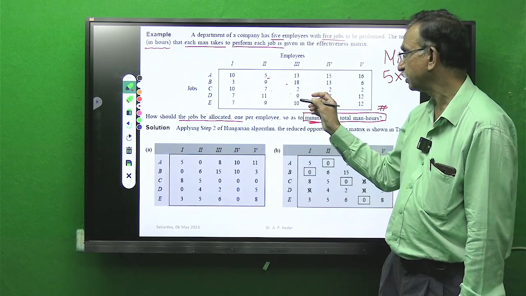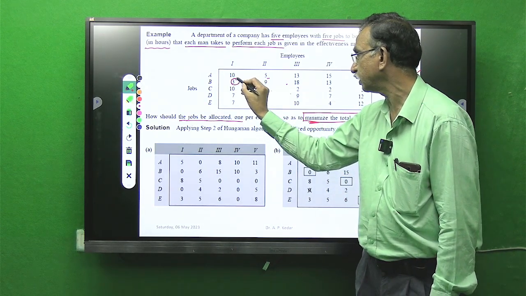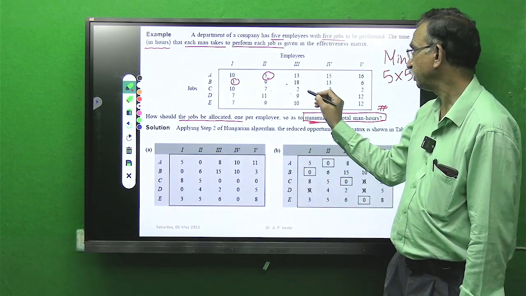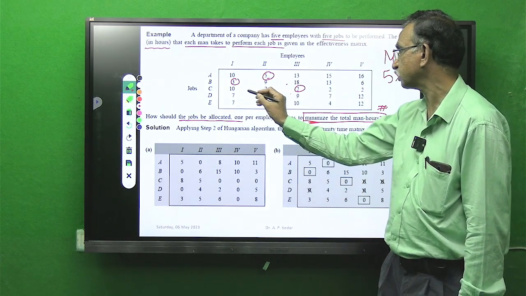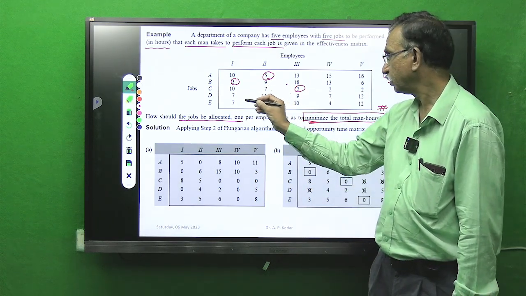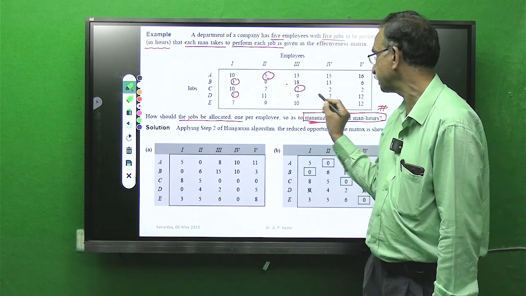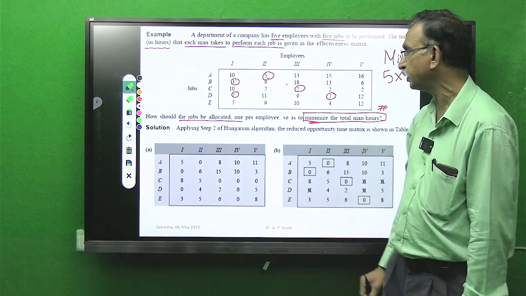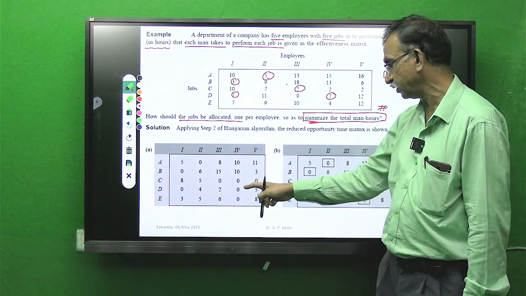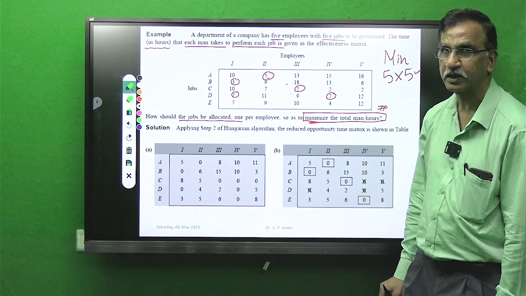Likewise for the second row the minimum is 3, for the next the minimum is 5. For the third the minimum is 2, so 2 is subtracted from all elements of the third row. For the fourth row the minimum is 7. See, this minimum is at 2 places, nothing to worry. So 7 minus 7 will yield 0, 7 minus 7 will yield 0, and the rest, 11 minus 7, 4, like that.